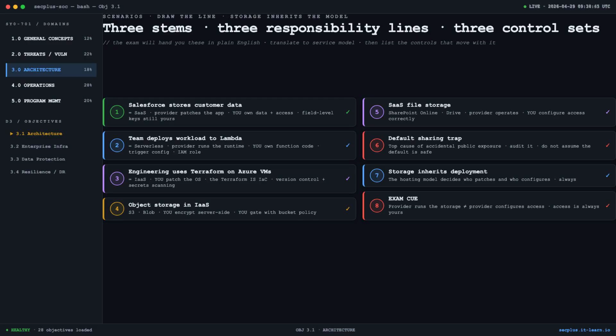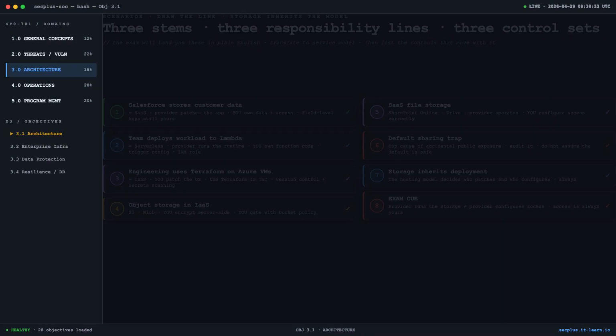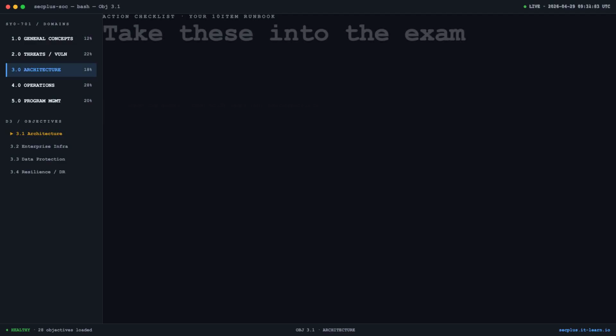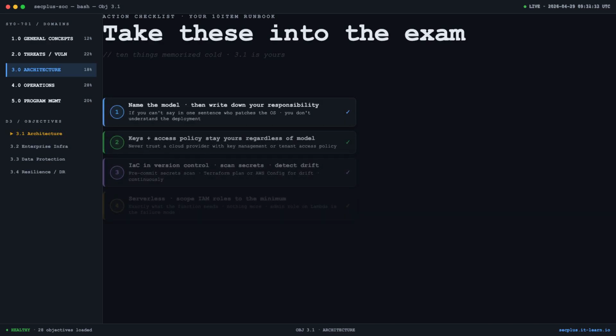Action checklist. 1. For every cloud workload, write down which service model you are using, then write down what your responsibility is in that model. If you cannot say in one sentence who patches the OS, you do not understand the deployment. 2. Never trust a cloud provider with key management or access policy. Those are yours, regardless of model. 3. Put IaC in version control, scan for secrets before commit, and detect drift continuously. 4.